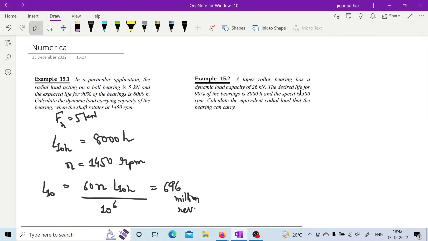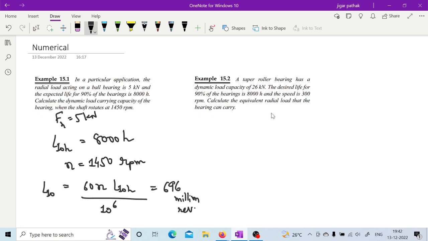Second one: a taper roller bearing has a dynamic load capacity of 26 kilonewton. The desired life for 90% of bearings is 8000 hours and the speed is 300 rpm. Calculate the equivalent radial load that the bearing can carry. How can you approach this problem?